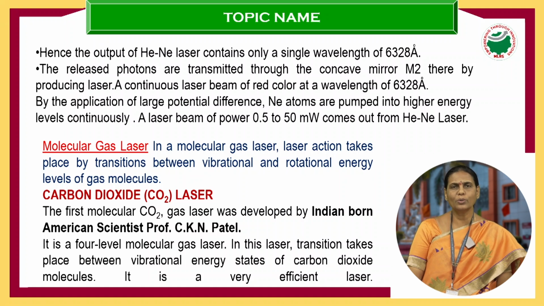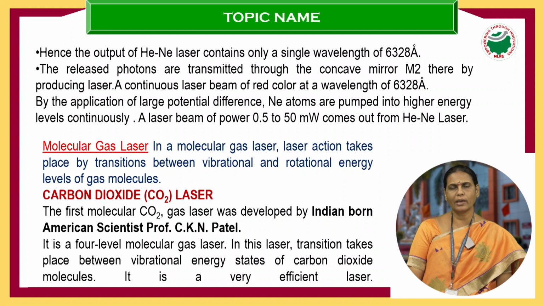And we used to show you how population inversion was taking place, and the output we used to find out. But in case of molecular gas laser, here we will be studying the vibrational and the rotational energy levels. This is the first laser which was invented in order to study these vibrational and rotational energy levels. And it is a 4-level molecular gas laser.